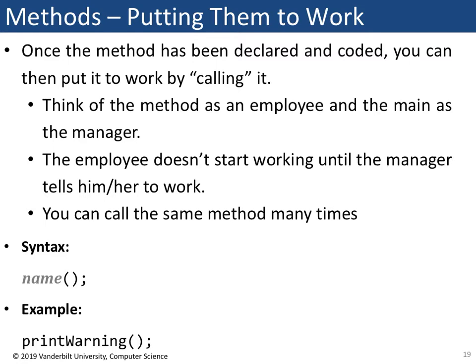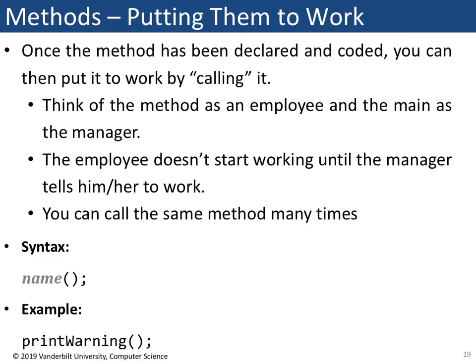The methods which you house in a class are not executed unless they are called by the main method. The syntax for calling a method would simply be the name which was given, followed by open parentheses, close parentheses.